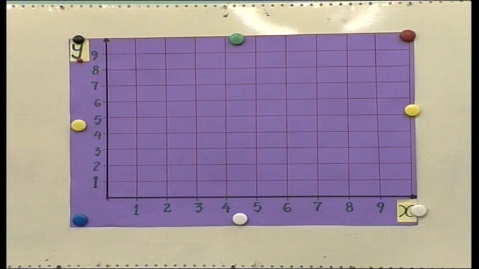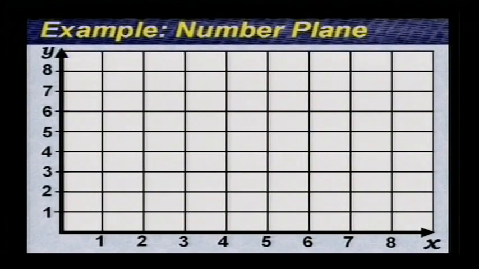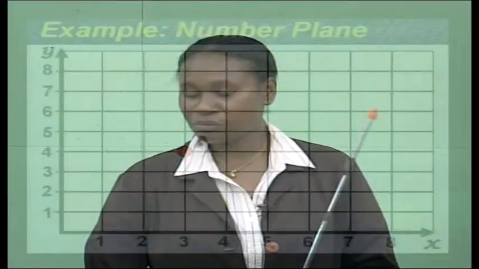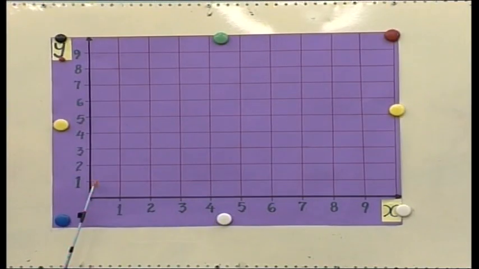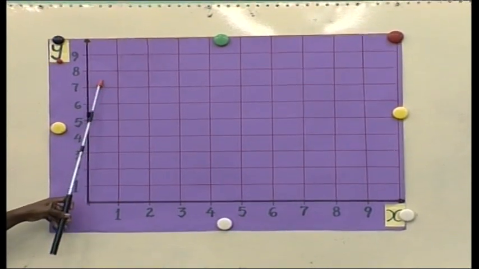You also have an example of a number plane from the PowerPoint that is now shown. Always remember, when we are trying to work out coordinates from a number plane, we read along the x-axis first, then we read upwards the y-axis.